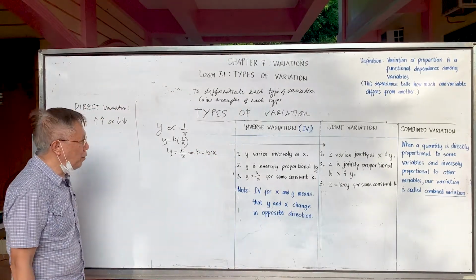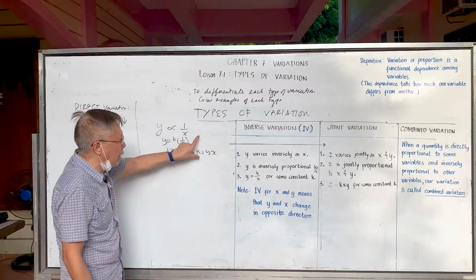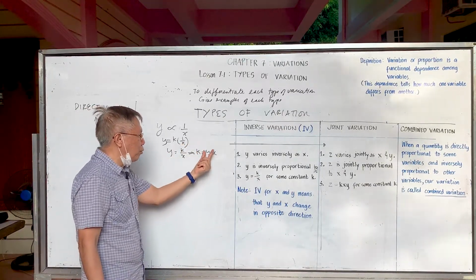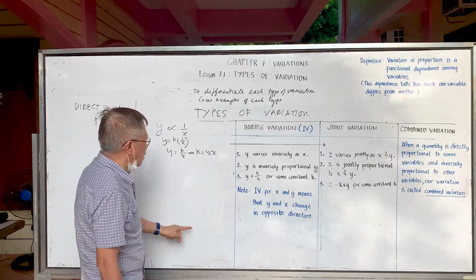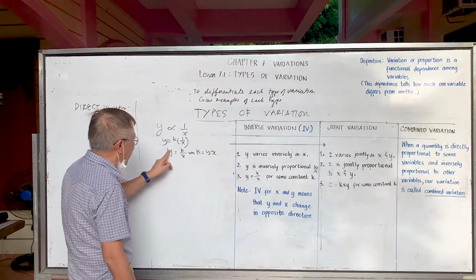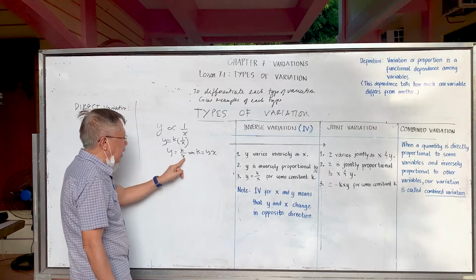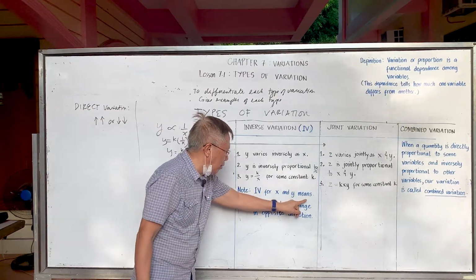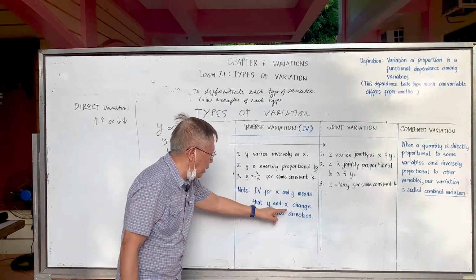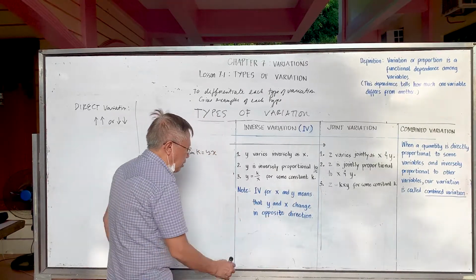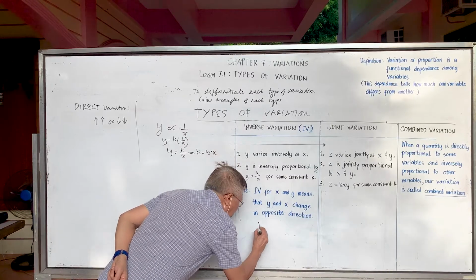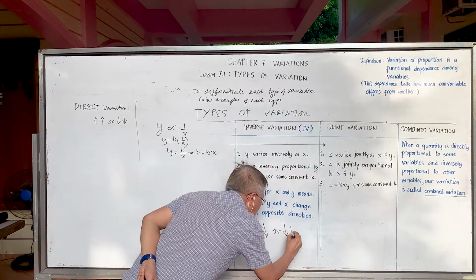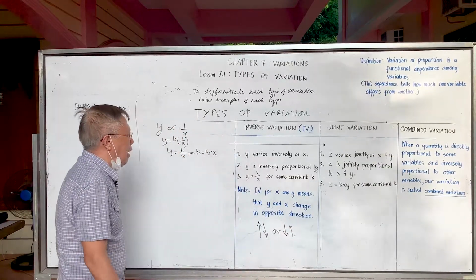So, for inverse variation, instead of having a ratio, we have a product of the two variables. So here, if one increases, the other one decreases. Inverse variation of x and y means that y and x change in opposite directions. So, if one goes up, the other one goes down. Or if one goes down, the other one goes up.